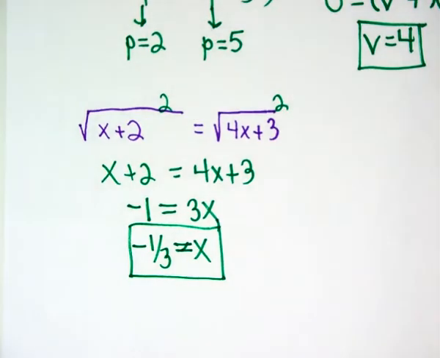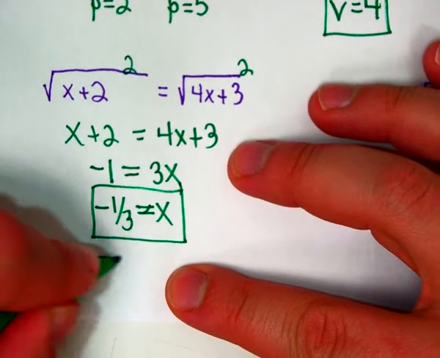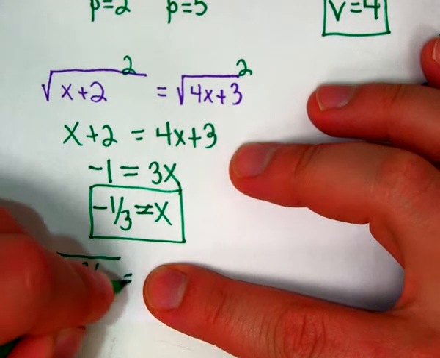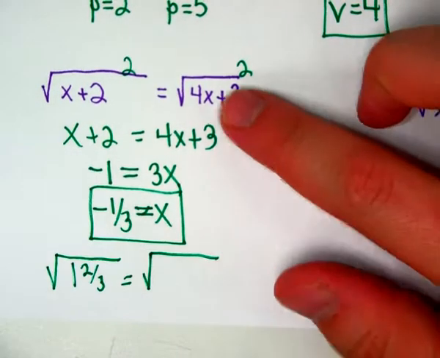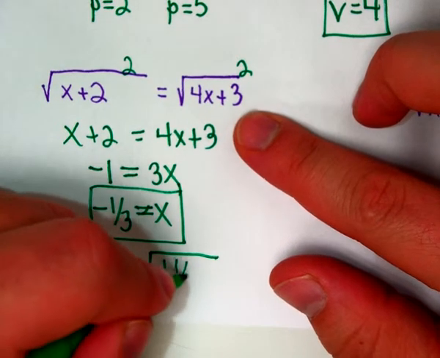Okay. Go ahead and check it. You get negative 1/3 plus 2, which is going to be, let's see, 1 2/3. And over here we do negative 1/3 times 4. That's negative 4/3 plus 3 is 1 2/3. So that actually checks out as well.